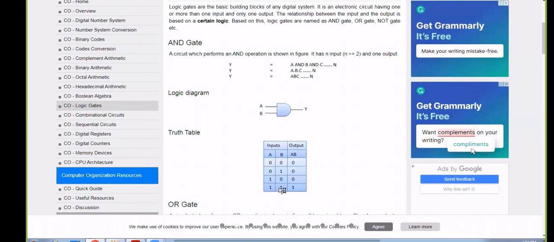If I have three inputs, what are the different combinations? With three inputs A, B, C, how many different combinations of 0 and 1 will there be? That is my question.